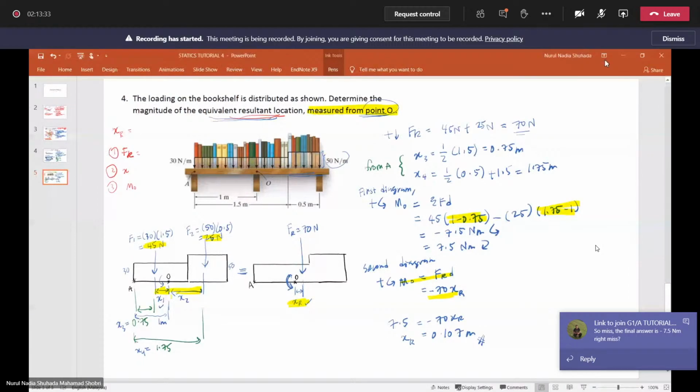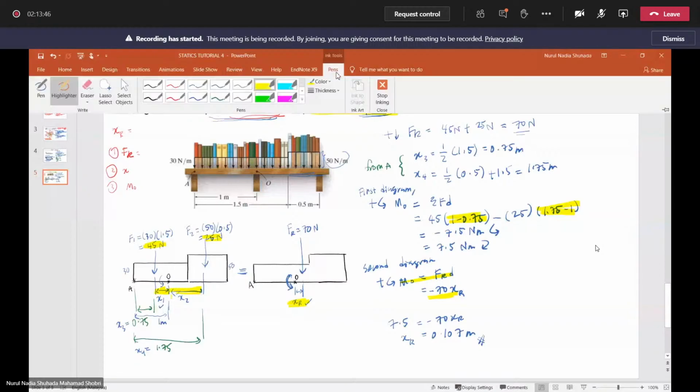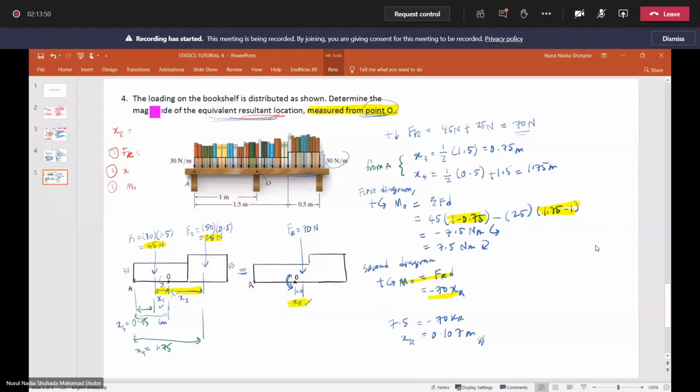So the final answer is negative 7.5. No, the final answer is, because it wants the magnitude of the equivalent resultant force location, it wants the location. So the location is this one, XR.